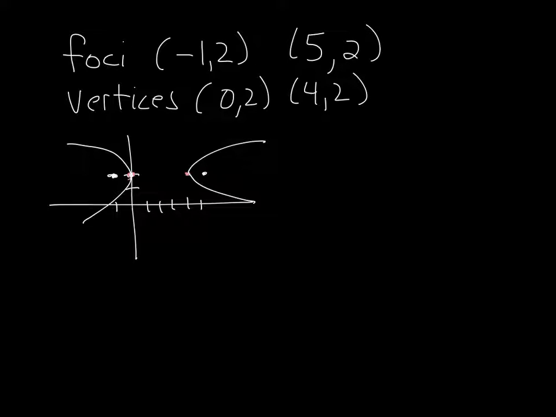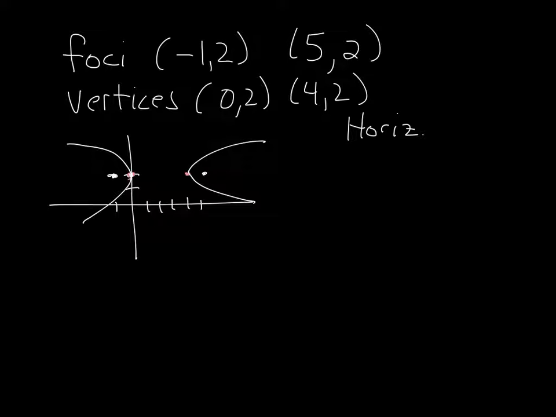Okay, so do we have a vertical axis or a horizontal axis? Horizontal axis. So what's going to go first, the x or the y? X. The x is going to go first. So we've got to figure out what is the center, just like we did with an ellipse.